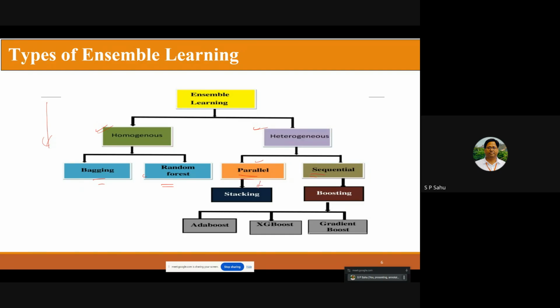For parallel operation, stacking is there, where stacking means meta learners. Initially the base learners are there, 1, 2, 3, out of the total sample, and they will be trained on the split data from the main population.